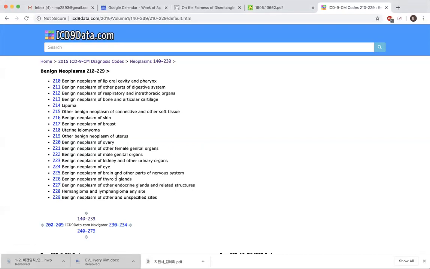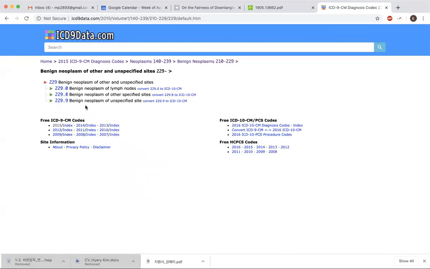So unspecified, where is that? Other and unspecified. Okay, no. Wait, what? That's weird. Oh, I think this is the one. Yeah, okay. Benign neoplasm of other unspecified sites. Right, under this there are neoplasms of colon.